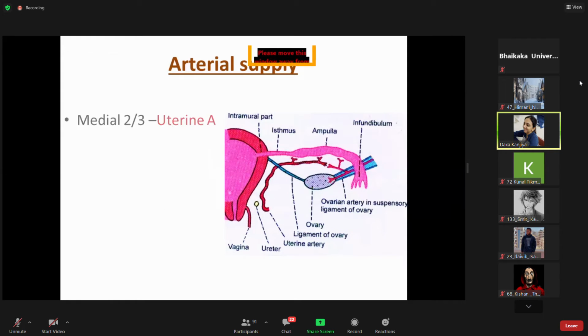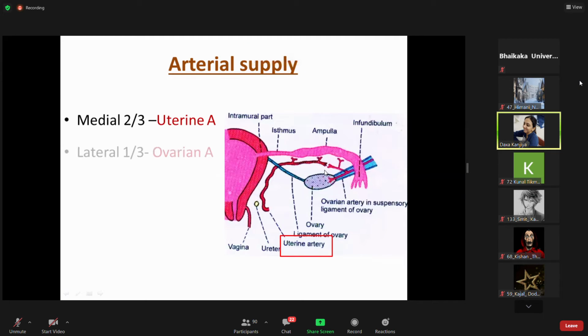Blood supply. The medial two-thirds portion is supplied by the uterine artery. See here, this is the uterine artery. And the lateral one-third portion is supplied by the ovarian artery. Can you tell me, the ovarian artery is a branch of, it comes from which artery? Anyone? As I mentioned earlier, the uterine artery is a branch of the internal iliac artery.